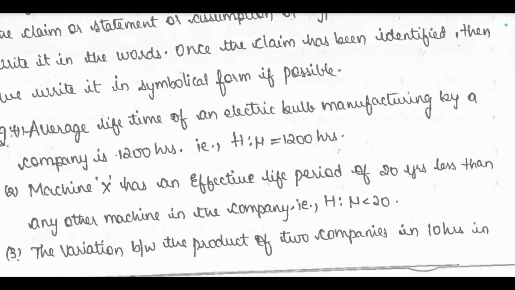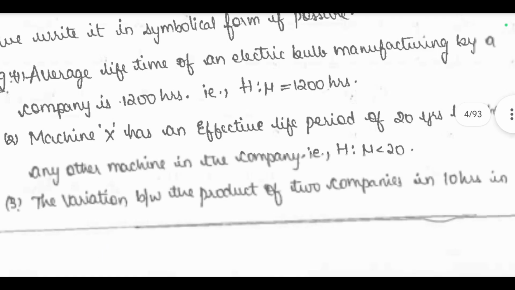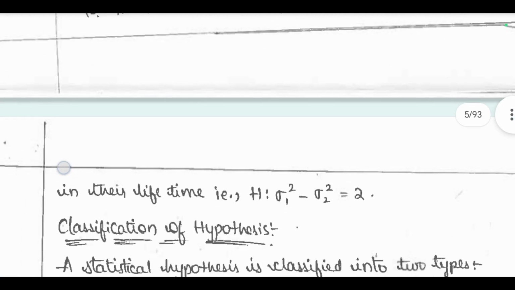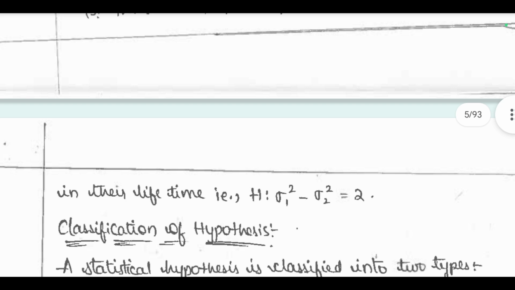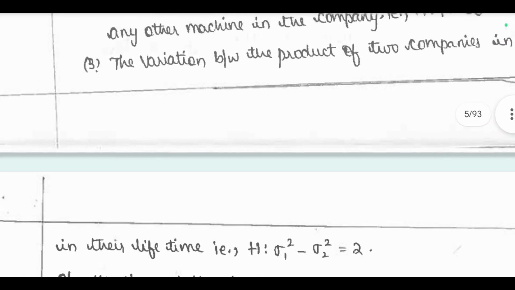So H is denoted by mu less than 20. The variation between the products of two companies in their lifetime, H: sigma 1 square minus sigma 2 square, that is the difference is 2.